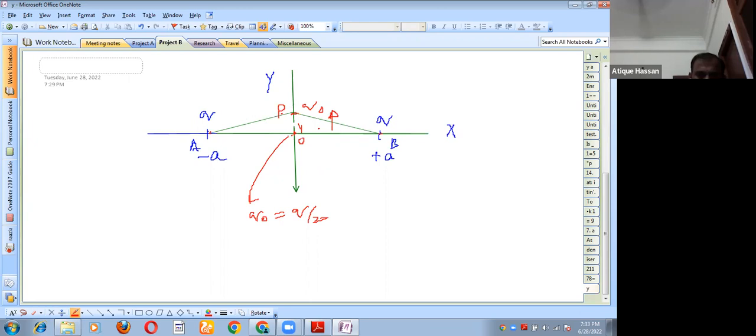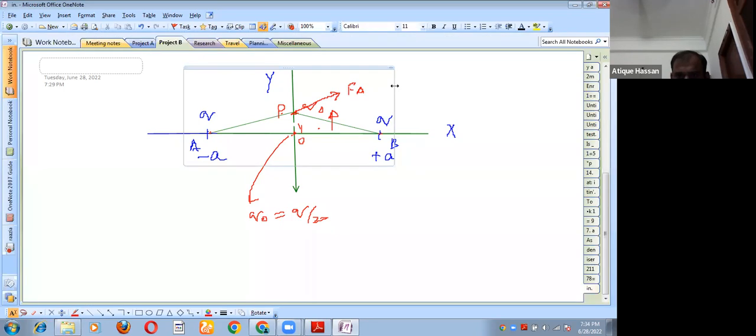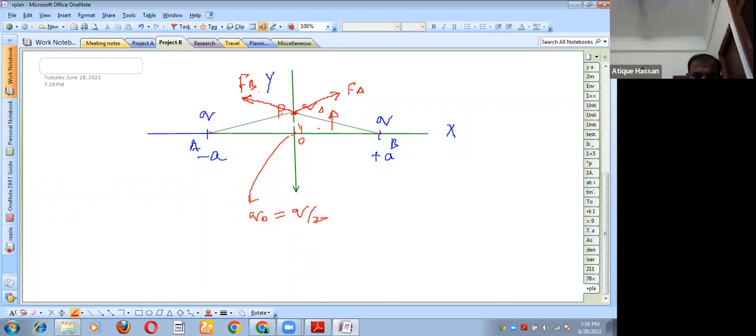So the force due to A will be along this direction, FA, and the force on it due to B will be along this direction, FB. So we have to find the resultant of FA and FB. And both are symmetric situations, so the value of FA will be equal to FB.